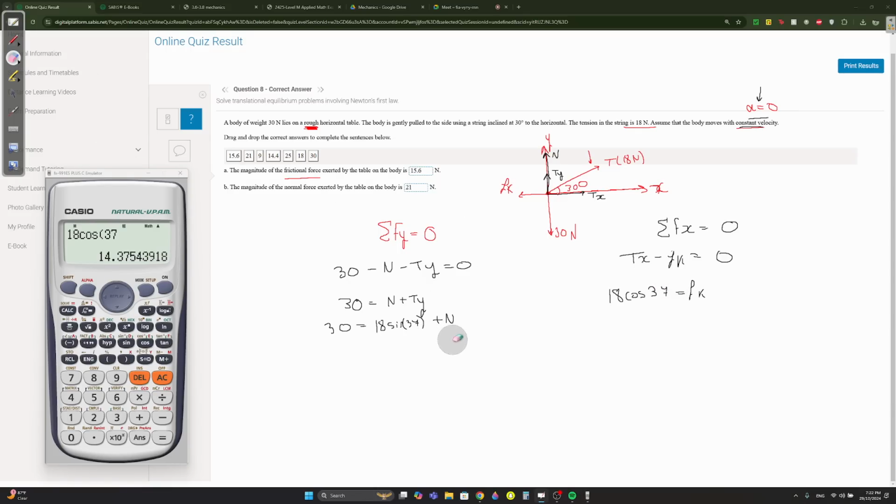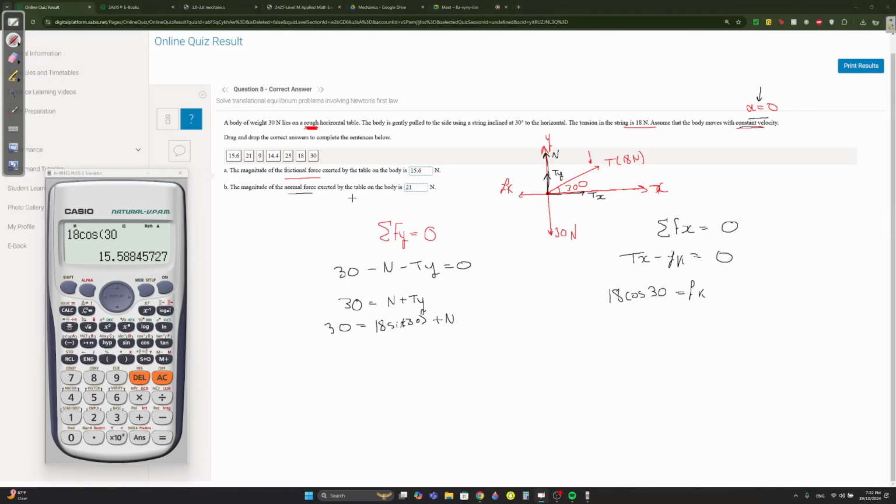Why am I saying 37? It's supposed to be 30. Why am I using theta as 37? I don't know. 18 cosine 30 would be 15.6. So the friction, Fk, is 15.6.